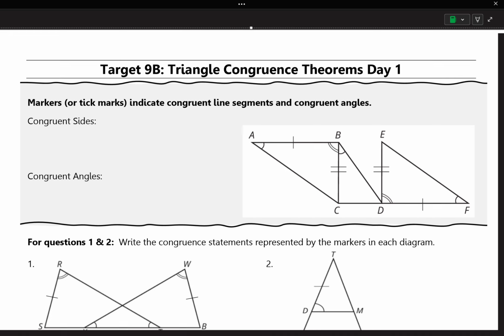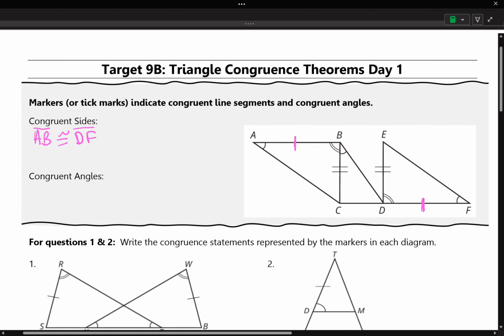What I noticed first is a single tick mark going from A to B and a single tick mark from D to F. So I can write that AB is congruent to DF. All right, let's see what else we've got. We also have some sides with two tick marks.